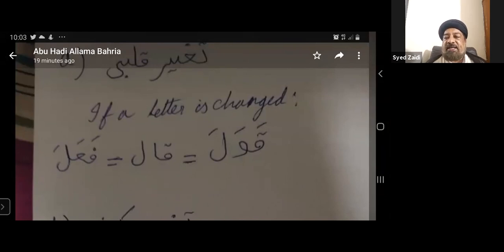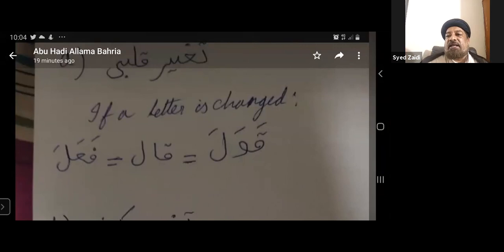Now on the word scale, as I said, we have to follow a single rule, and that is that we have to follow the word from which this word was derived, right? So qala, because it derived from qawala, becomes fa'ala. Qala is equal to fa'ala. Why? Because qala has come from qawala.